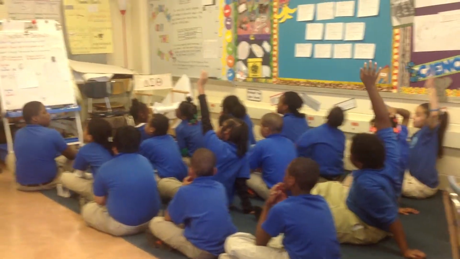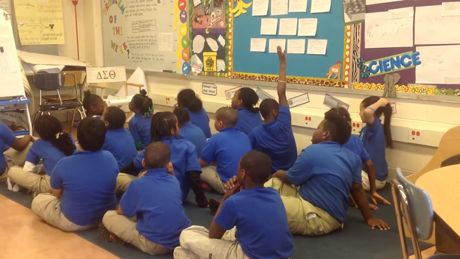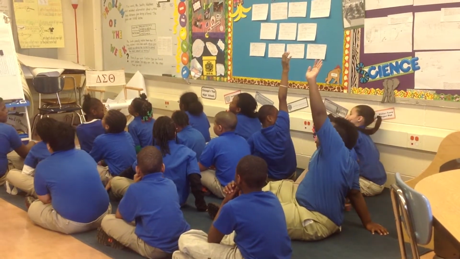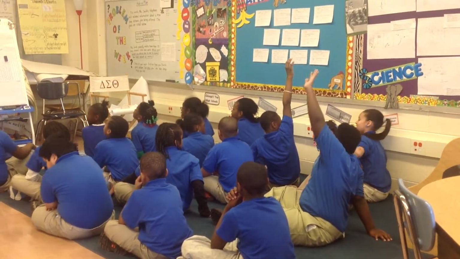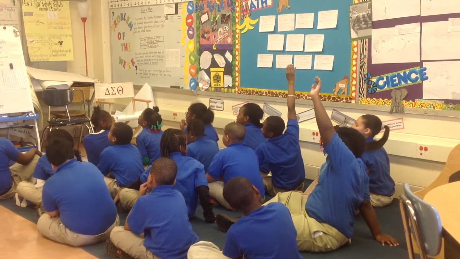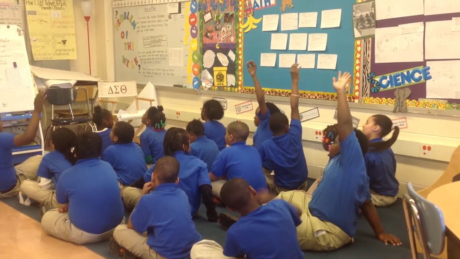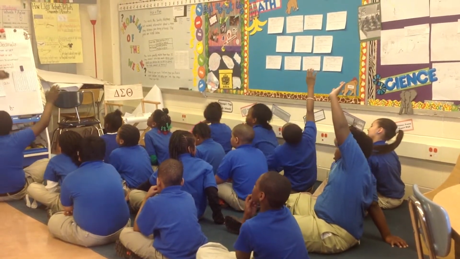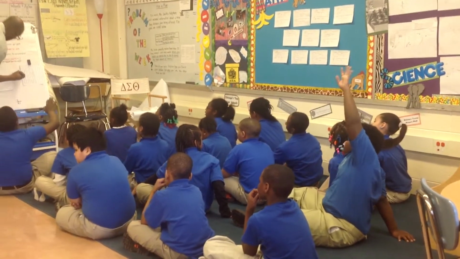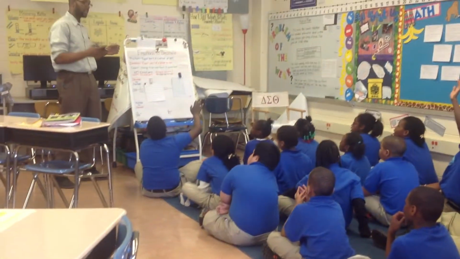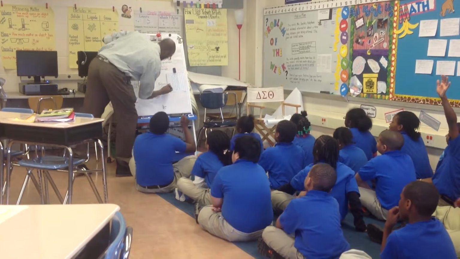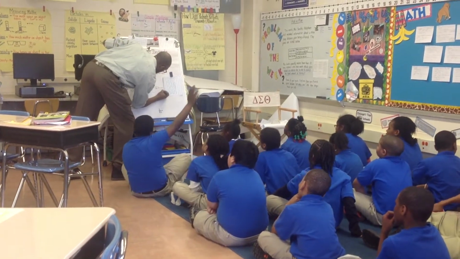Chanel, help her out. You'll put 10 in the denominator because you're sharing 10 equal parts. Okay, so we know that we have to have 10 in the denominator because we have 10 equal parts. We're almost there.